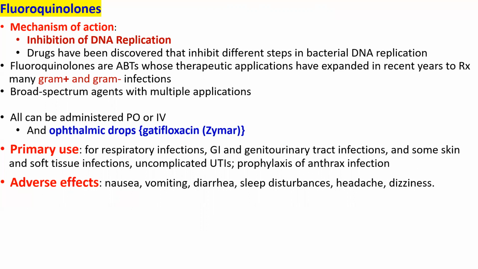Drugs have been discovered that inhibit different steps in bacterial DNA replication. These fluoroquinolones are antibiotics whose therapeutic applications have expanded in recent years to treat different types of infections caused by gram-positive and gram-negative bacteria.